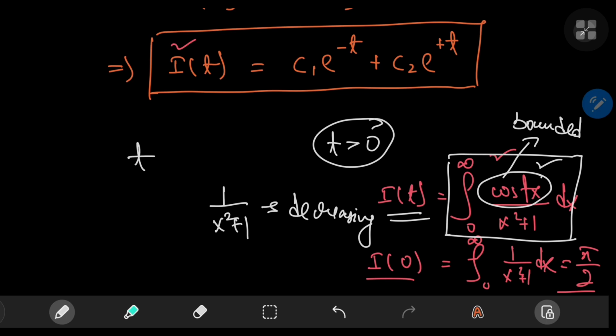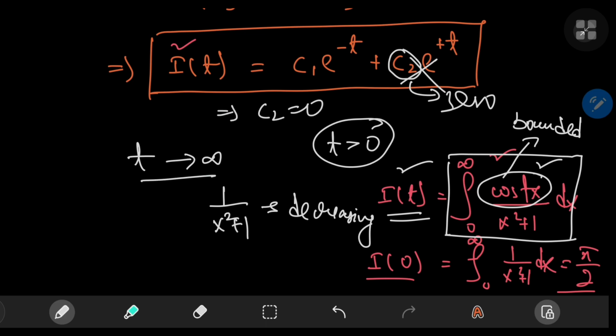Because if I take bigger and bigger values of t, that is, I'm talking about taking the limit as t goes to infinity, for our integral to be convergent, we need this term c sub 2 to be 0. We need it to be 0 so that we're rid of this exponential term with a positive argument. So this analysis implies that c sub 2 is 0.